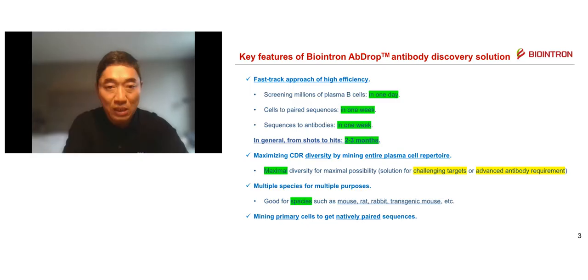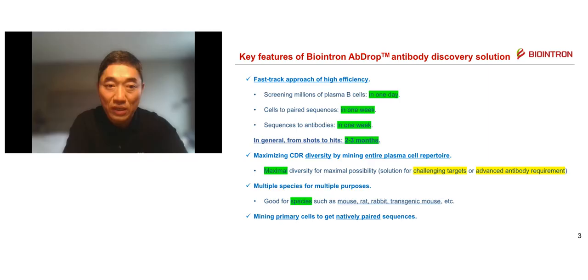First is a fast-track approach with high efficiency. Why is it so fast? Because it can screen 1 to 2 million cells per loading in 1 day.